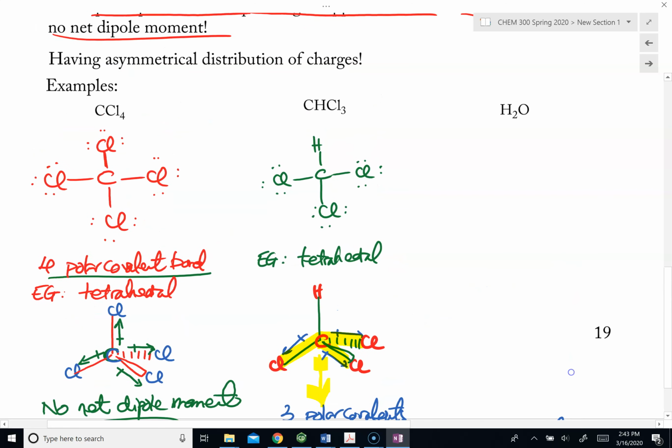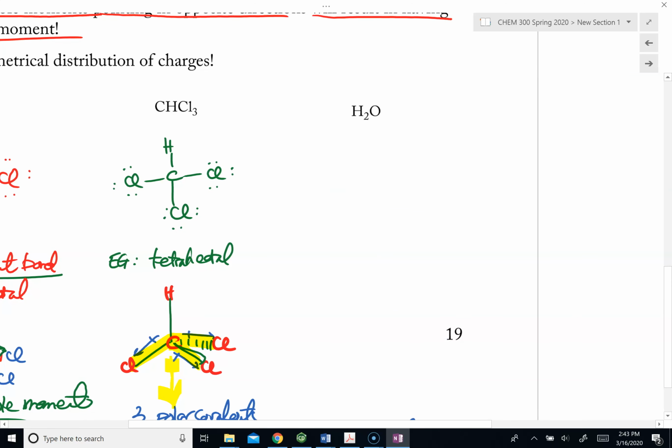Another example is water. The Lewis structure of water is as follows. Water has 2 polar covalent bonds. And again, we have to draw the 3D structure of water first. To draw the 3D structure, start by looking at the backbone of the electron geometry.